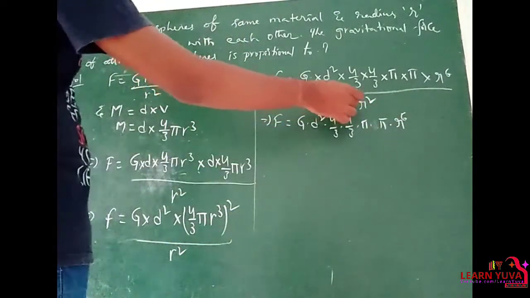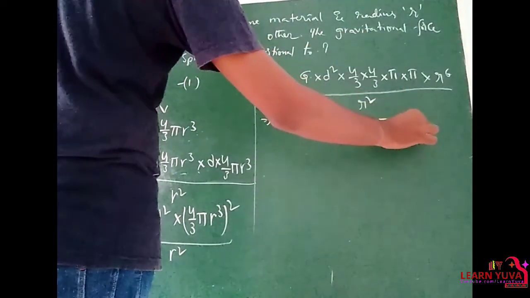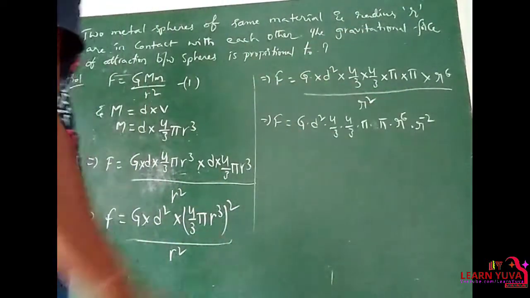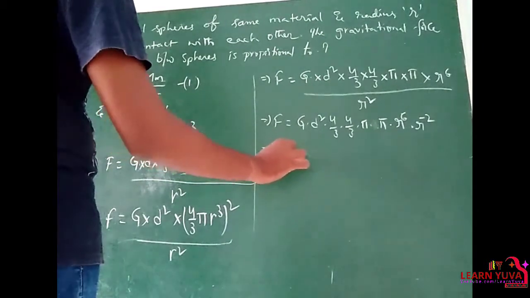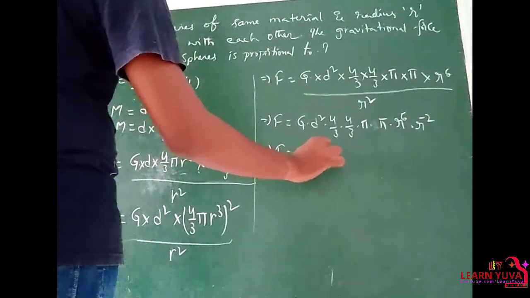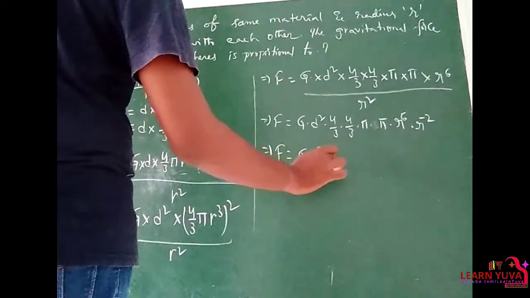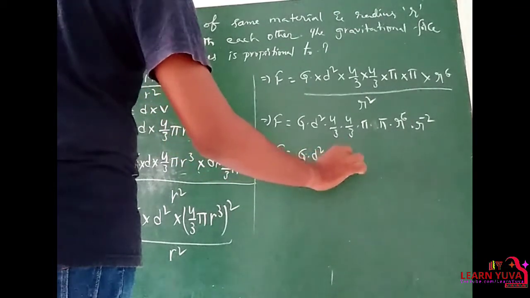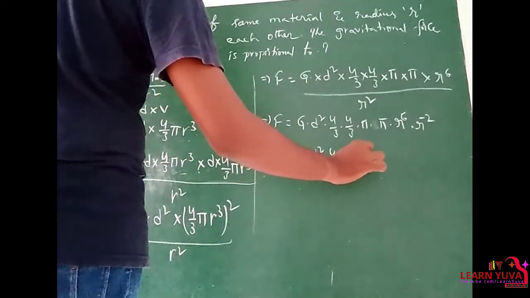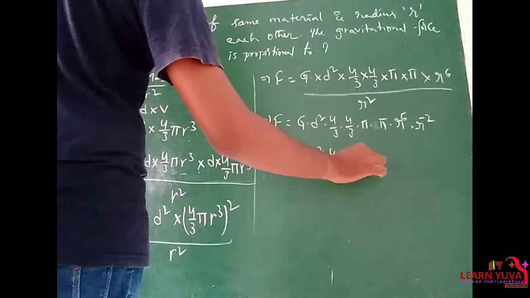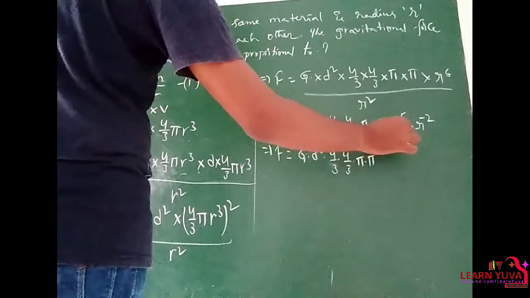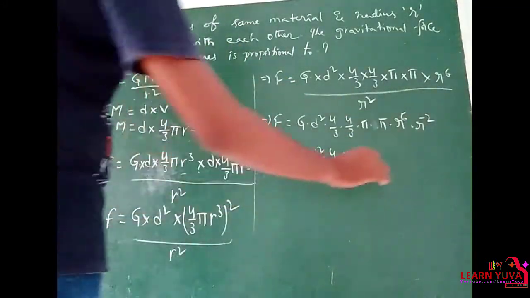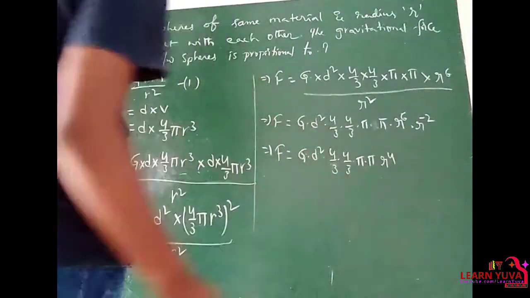This r power 2, if you send it to the numerator, becomes minus 2, so r power 6 minus 2 is r power 4. So F is equal to G into D square into 4 by 3 into 4 by 3 into pi square into r power 4.